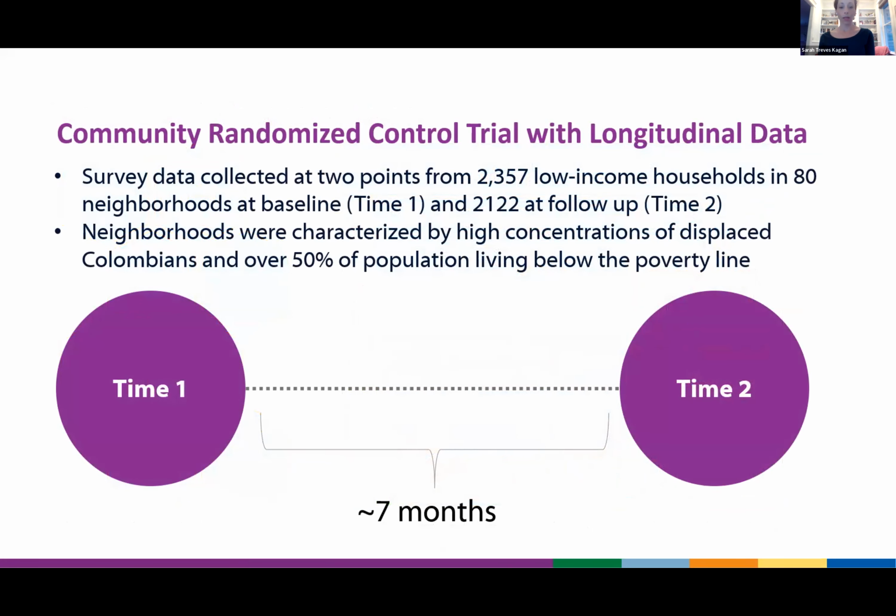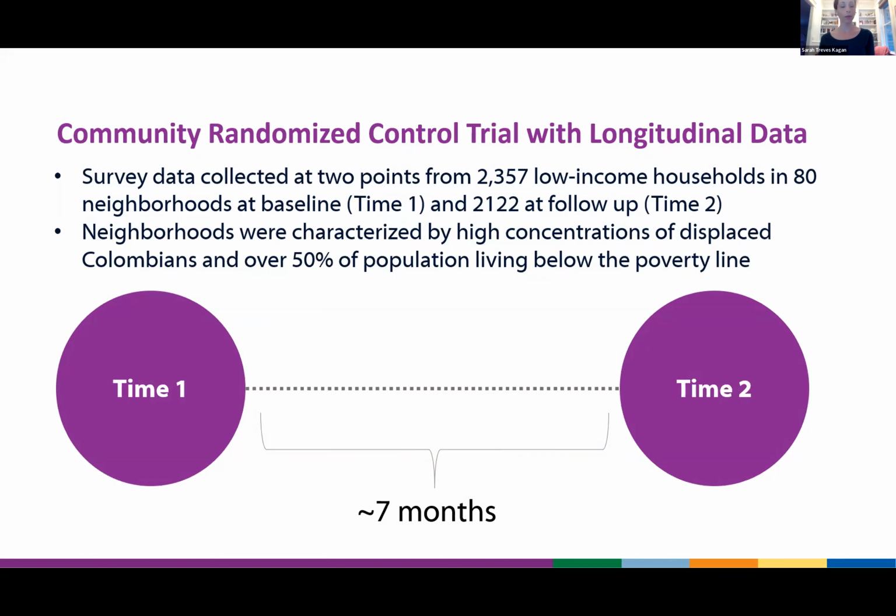To evaluate the program, 80 communities were randomized to receive one of the three methods, so either cash, food, or vouchers, or to a control group. And the neighborhoods that were randomized were characterized by high concentrations of displaced Colombians and over 50% of the population living below the poverty line.